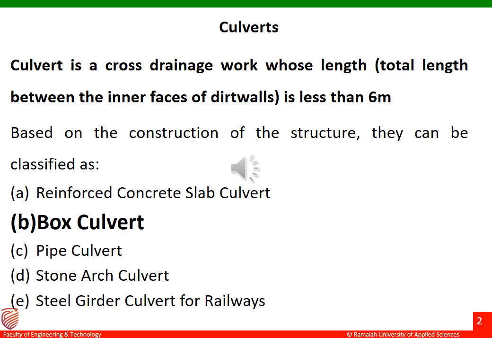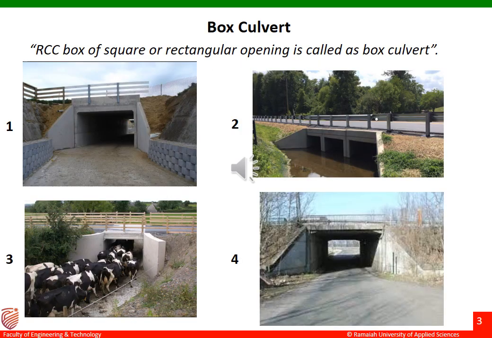The reinforced concrete slab culvert we even covered in the regular class sessions. So in this session I'm going to concentrate on the box culvert. An RCC box culvert with a square or rectangular opening is called a box culvert.